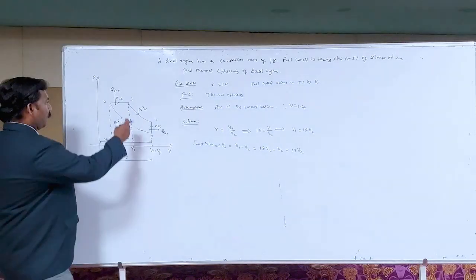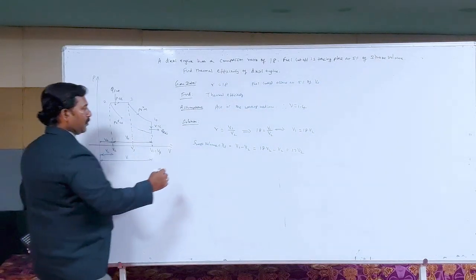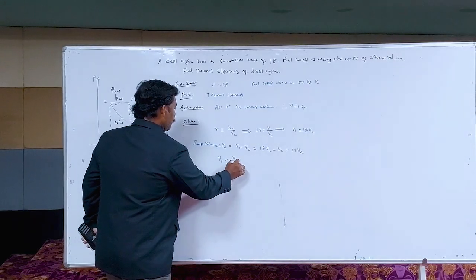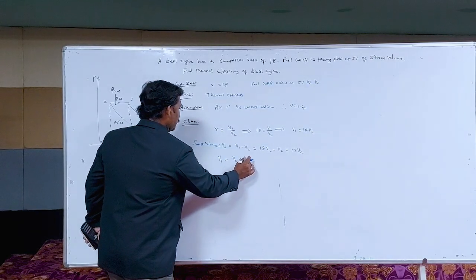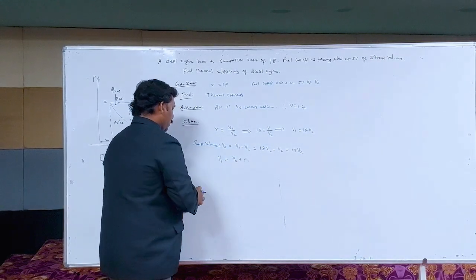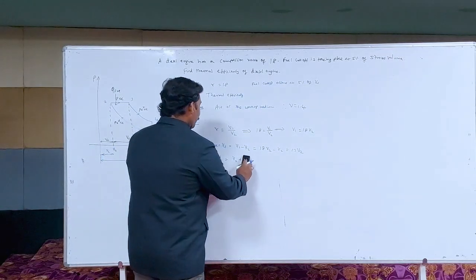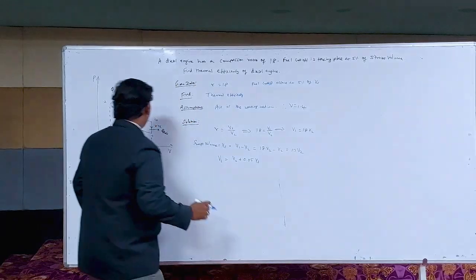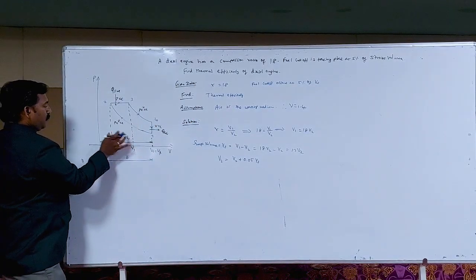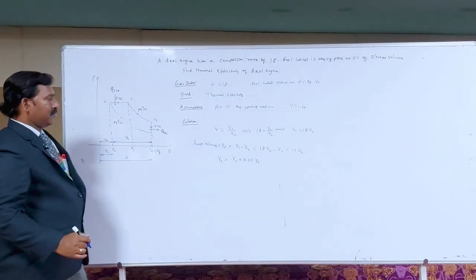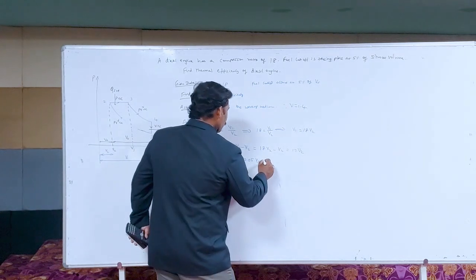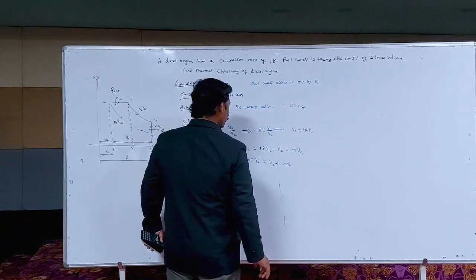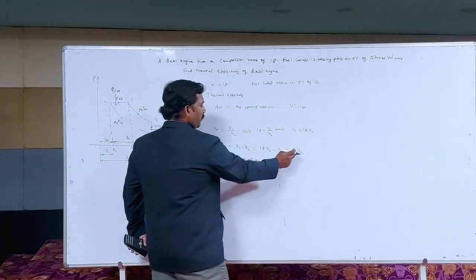So now we have to find out what is V3. V3 is equal to V2 plus 5% of, that is, 0.05 times Vs. So this is V3: V2 plus 0.05 times Vs, where Vs is actually 17 V2.